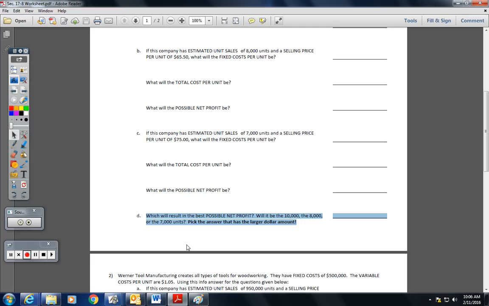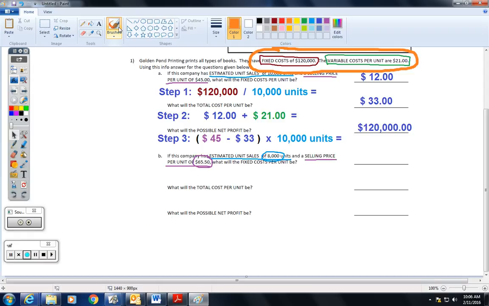In other words, what's going to make this company the most money? Will it be better for them to make and sell 10,000 units, or is it better to make 8,000 units, or is it better to make 7,000 units? You see, what you're trying to do is find the answer that's going to give you the biggest dollar amount. So far, what we've got to look at for dollar amounts is this number right here.